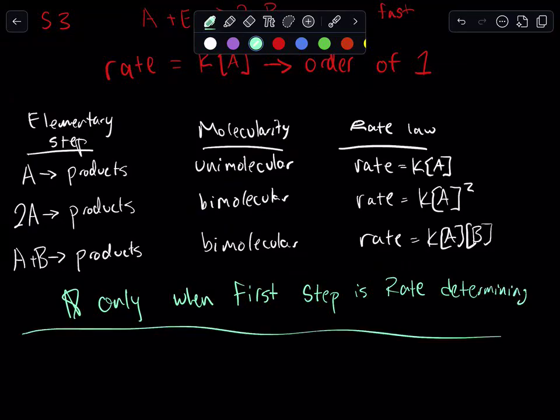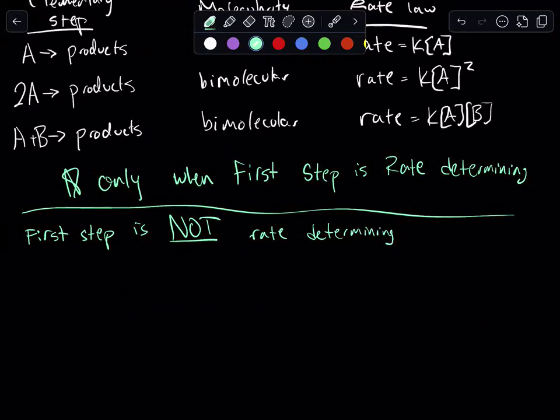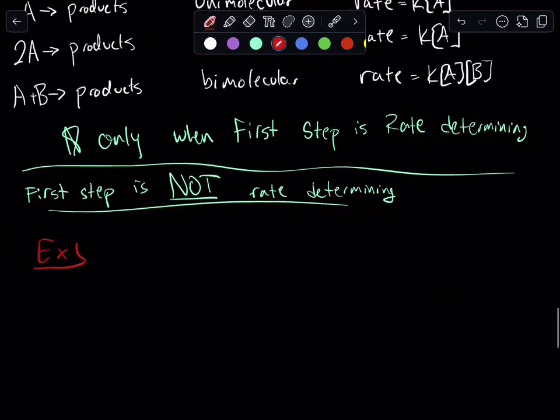All right. So what if the first step is not rate determining? What do we do? This one's a little more complex. So let's go ahead and look at a new example. Always better with examples.